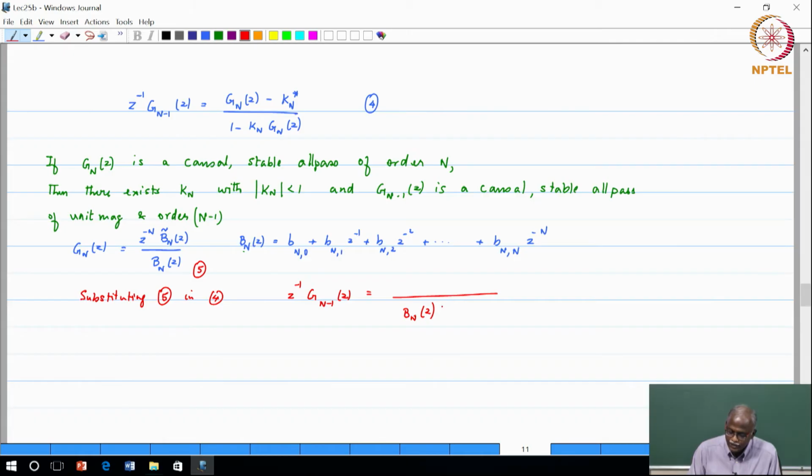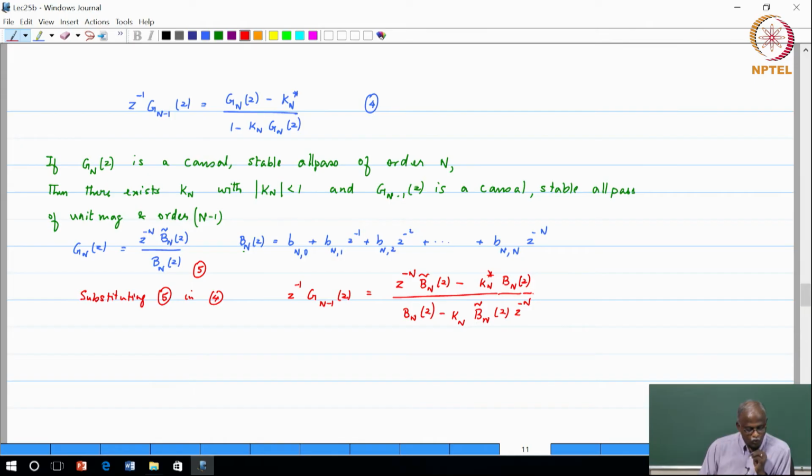So, b n of z minus k n b n tilde of z, that will be the denominator. Numerator will be z power minus n b n tilde of z minus k n star times b n of z. Basically, I have just substituted the expression for g n of z and rewrote the equations. Oh, absolutely. Thank you. Yes.